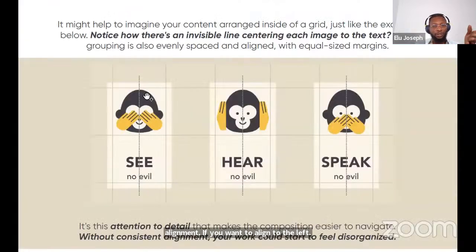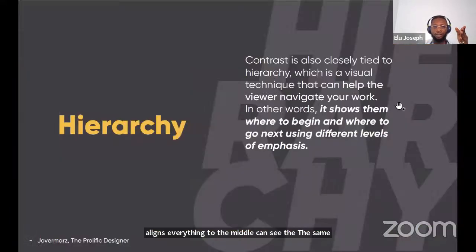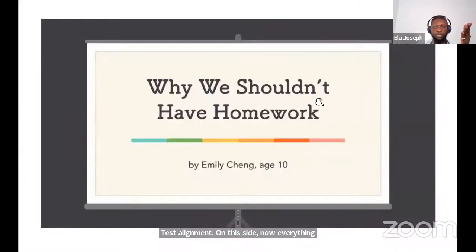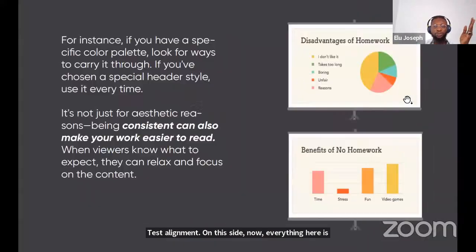And I showed you. Now, this aligns everything to the middle. You can see the image and text are in the middle. The same thing here, the same thing here. That's alignment. On this side, now, everything here is also aligned to the middle. Everything here is aligned to the middle. Everything on this one is going to be aligned to the left.